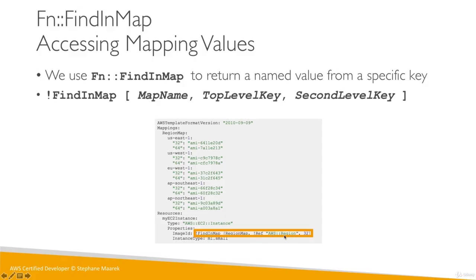So we're going to use this pseudo parameter we just talked about and the Ref function. So we reference the AWS region the CloudFormation template is running in. So for example, say we're running in US East 1, then we are in this block. And then we say 32 as the second level key. So we look at the 32 key and we get the value from it. We'll get this AMI 6411E20D. So this is the one that will be selected.